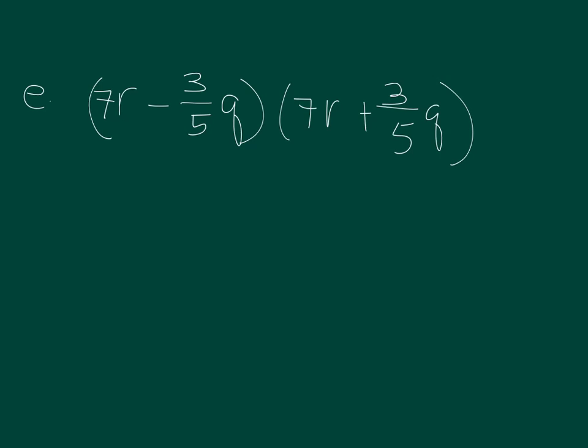Now, in letter E, if you look at the terms in each binomial, you could see that 7R, the first term of the first group, is the same as the first term in the second group, as well as the last terms, 3/5 Q and 3/5 Q. The only difference between these two expressions is that one has a minus sign in the middle and the other has a plus.